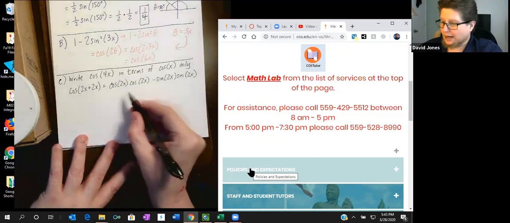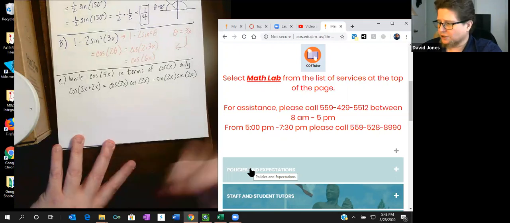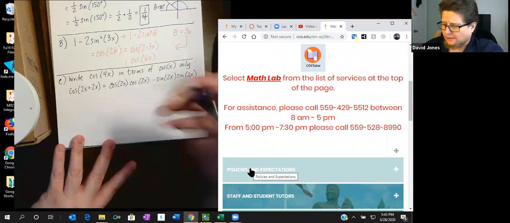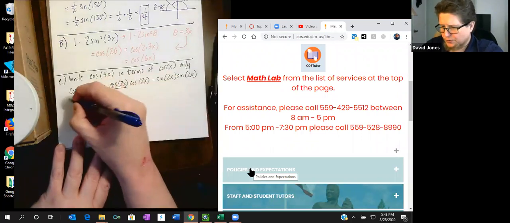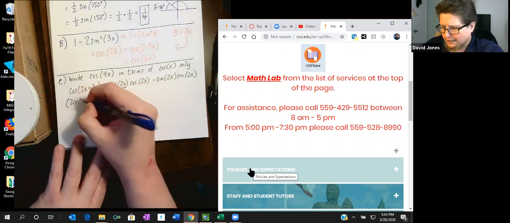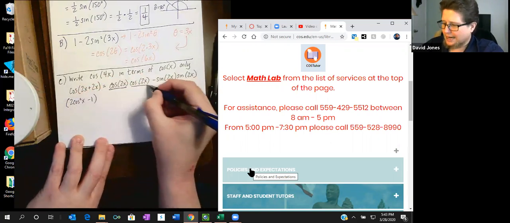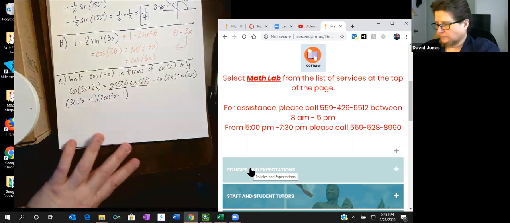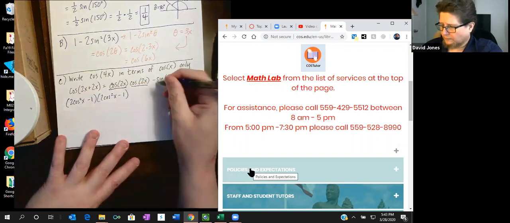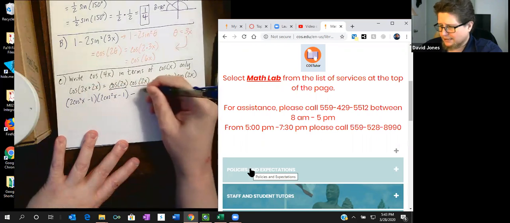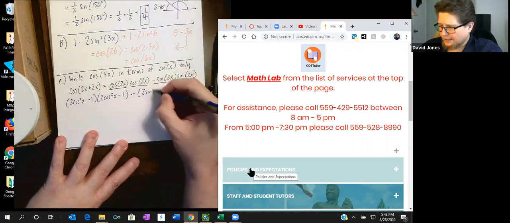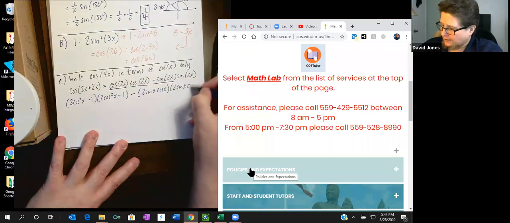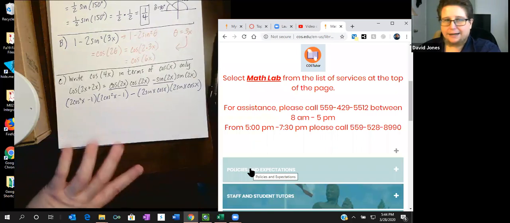So cosine 2x, I want it in terms of cosine x. Let's look at the equation that had cosine x in it for cosine 2x. This piece turns into 2 cosine squared x minus 1, and so does that piece. Then we've got minus, this is 2 sine x cosine x times 2 sine x cosine x. We're getting closer. We don't want the sine x's.